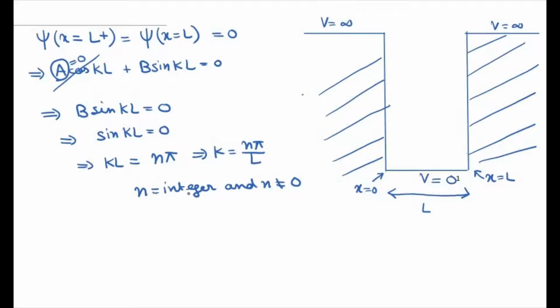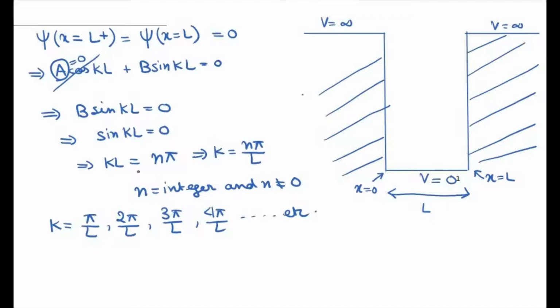Note that we have obtained k to be quantized, and k can only assume specific values. For example, it can only assume pi by L, 2 pi by L, 3 pi by L, 4 pi by L, etc. These are the values of k which satisfy Schrodinger's equation along with the relevant physical boundary conditions.